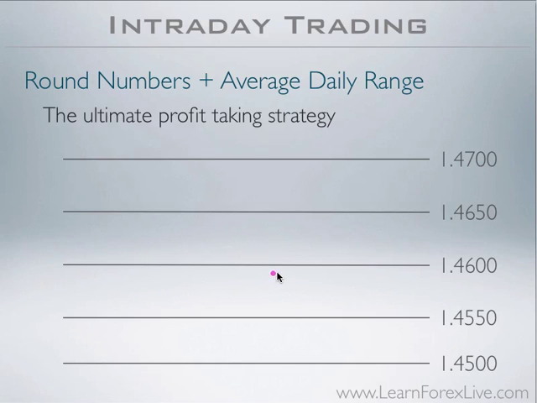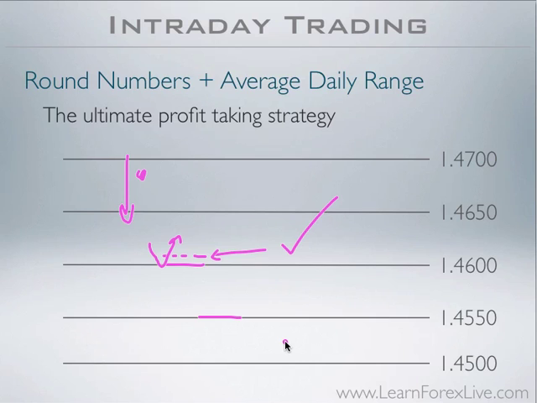Obviously, you want to close them just before the level; 5 to 6 pips before hitting that resistance level is usually enough. Resistance if we were going long, and if we were going short, these levels work as support. So 5 pips before hitting that level, you want to close a portion of the trade just in case we actually get a bounce. At least if you get a bounce, you know that just before that happens, you've already made some pips, you've already cashed out a portion of the profits out of the market.